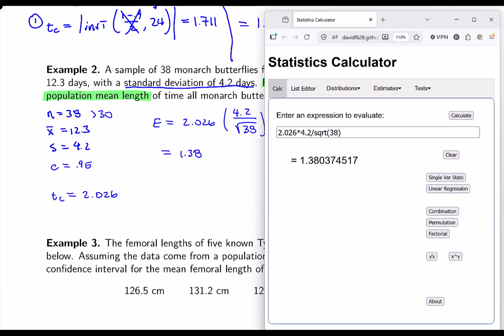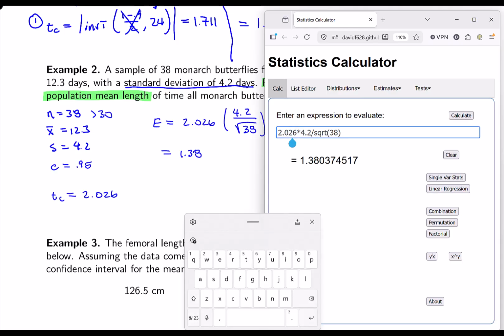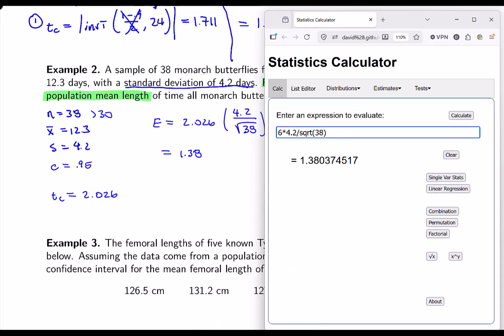So if I took this value and changed it into 1.96 instead, I would get 1.335, which would be like 1.34, slightly less than this. So I have a slightly wider interval here because I am using the t-distribution instead of the normal distribution.